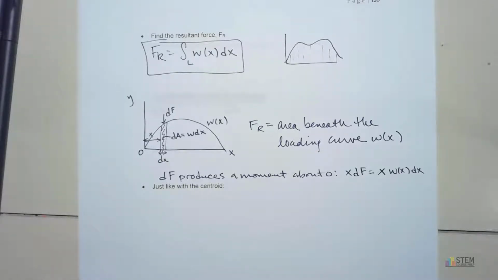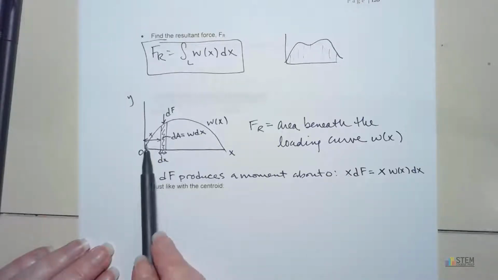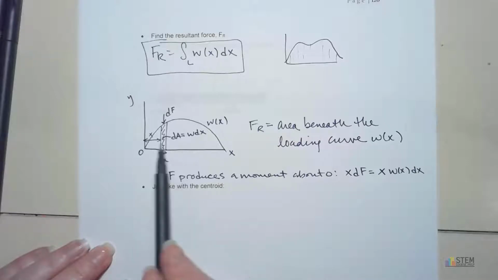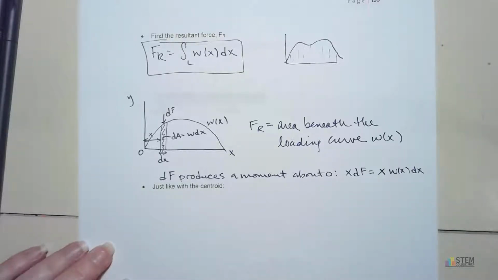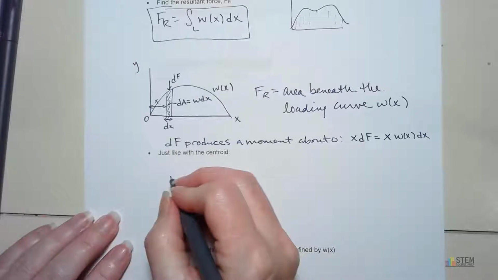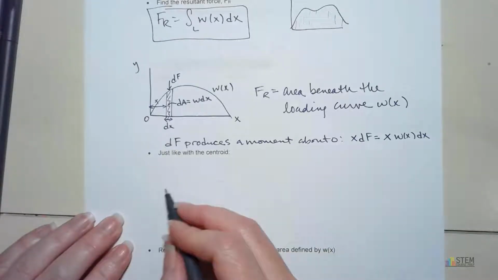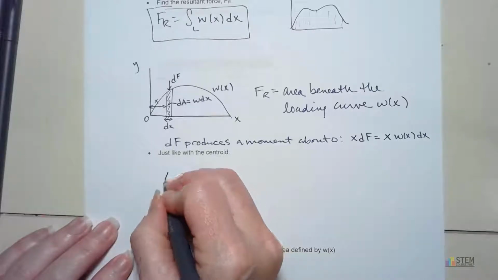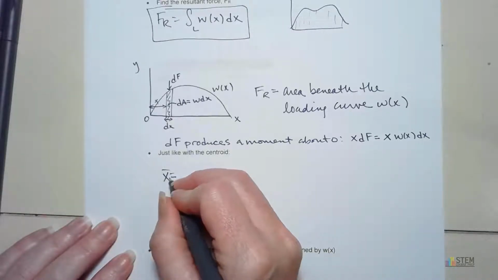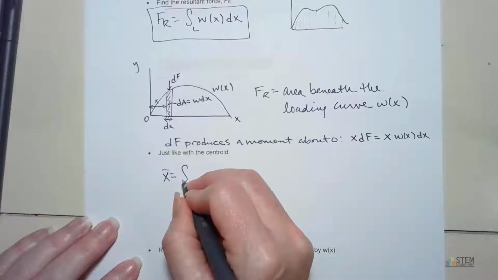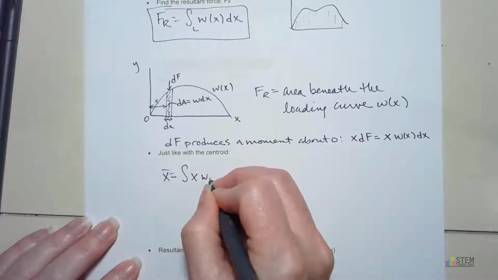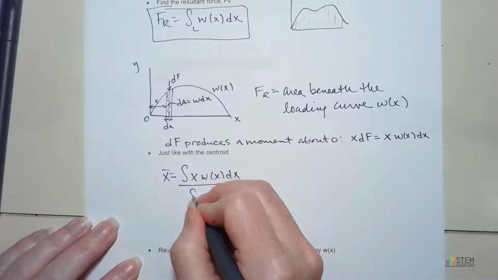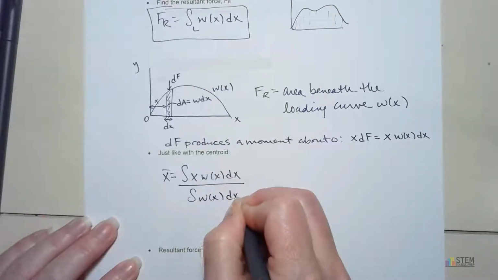And then what that ends up giving you, if you go through and you find all of the moment arms for each of the dFs as you go along here, then just like with the centroid, when we had the beam and we balanced out all of the different masses, if y'all remember, we're going to end up with x bar equals the integral of x times w of x dx, and we're going to put that over the integral of w of x dx.